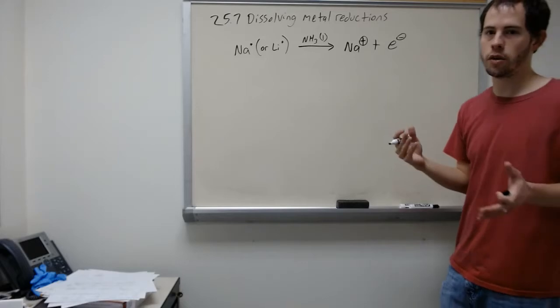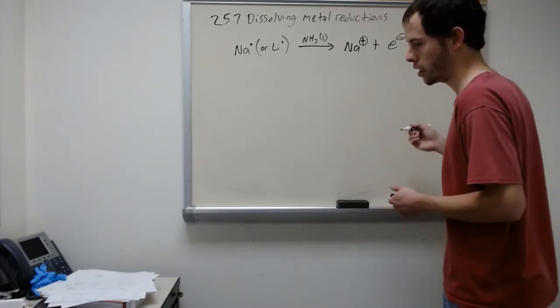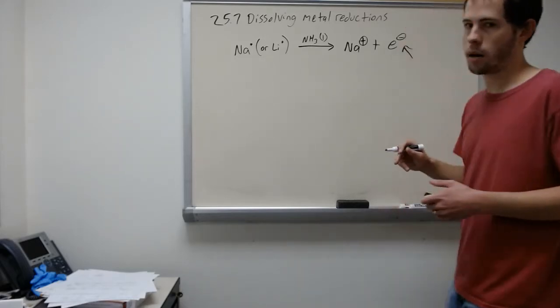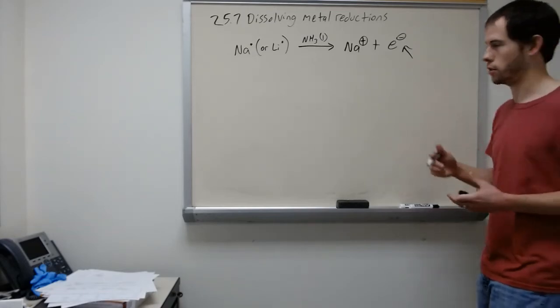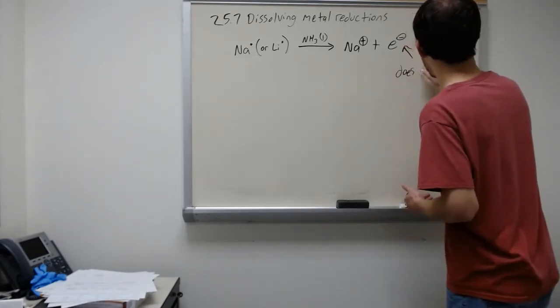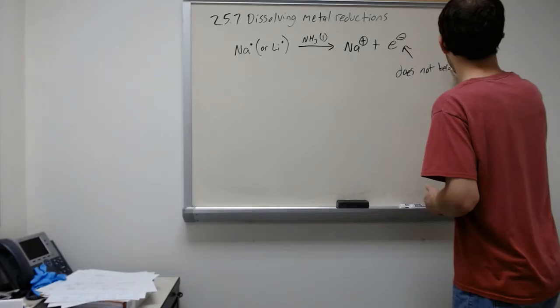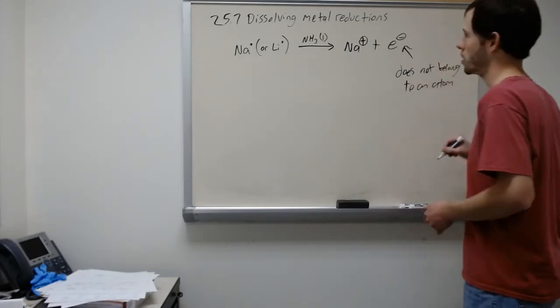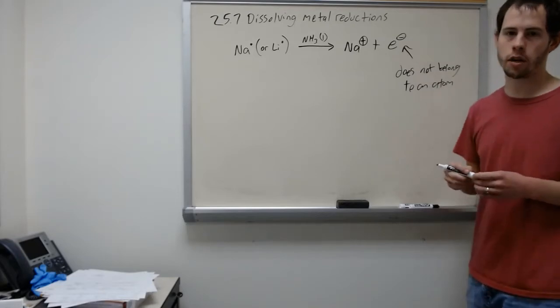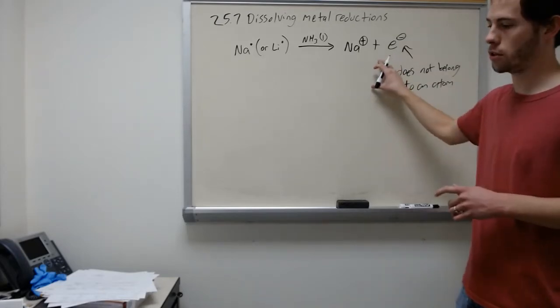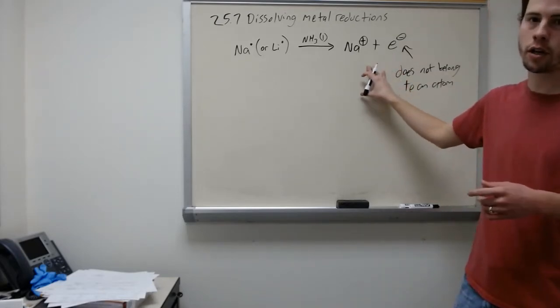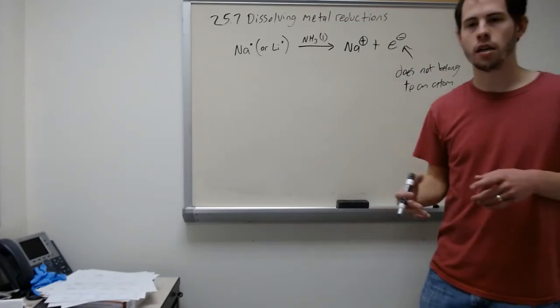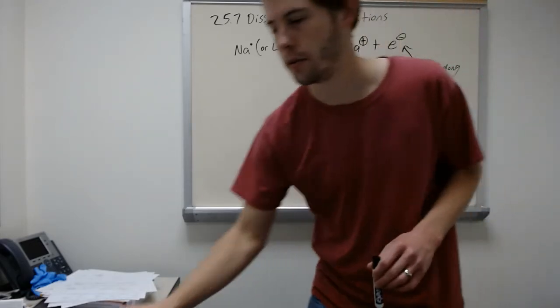And so essentially we have an electron floating around that does not belong to any particular atom. And so that's why we call this a dissolving metal reduction. We end up with a single electron. Single electrons we represent as a single dot, and so it can act like a radical.